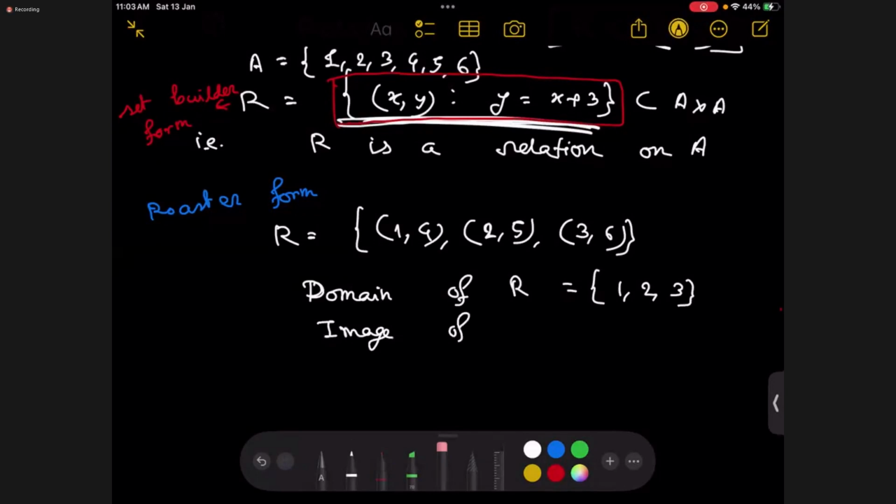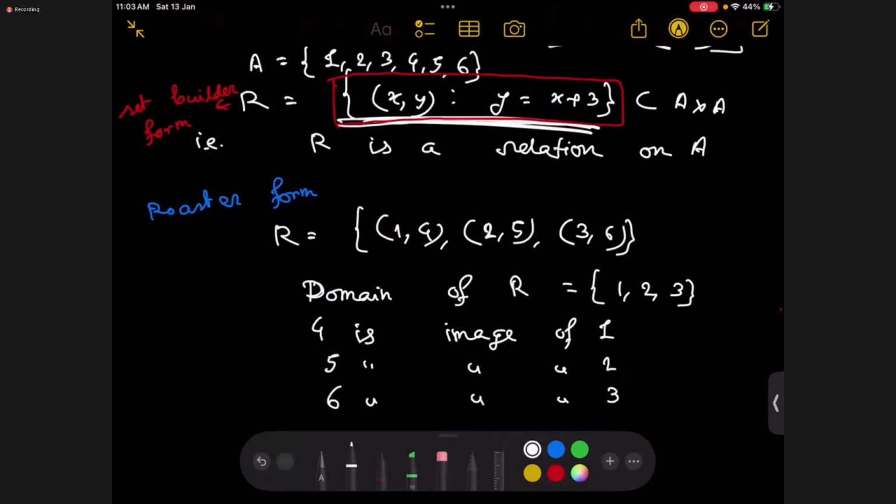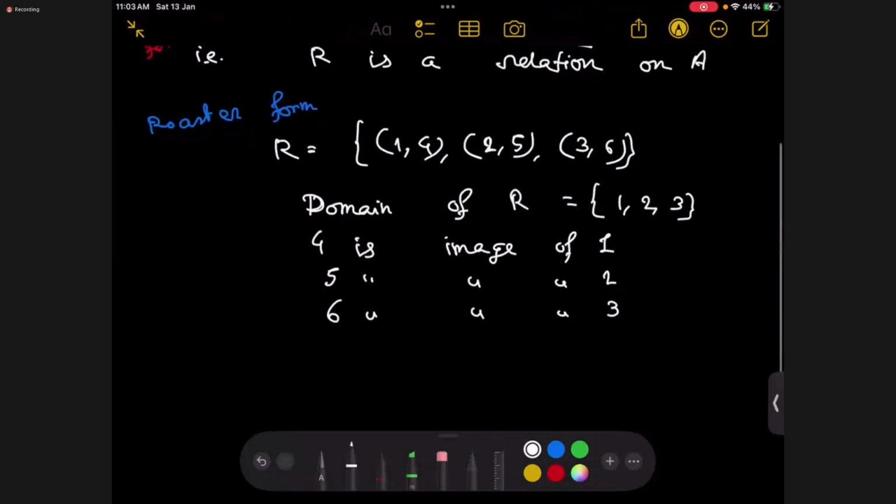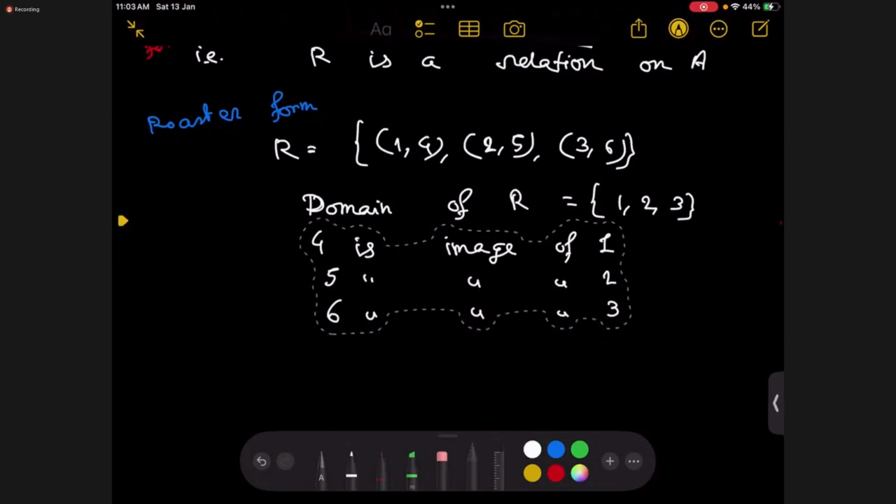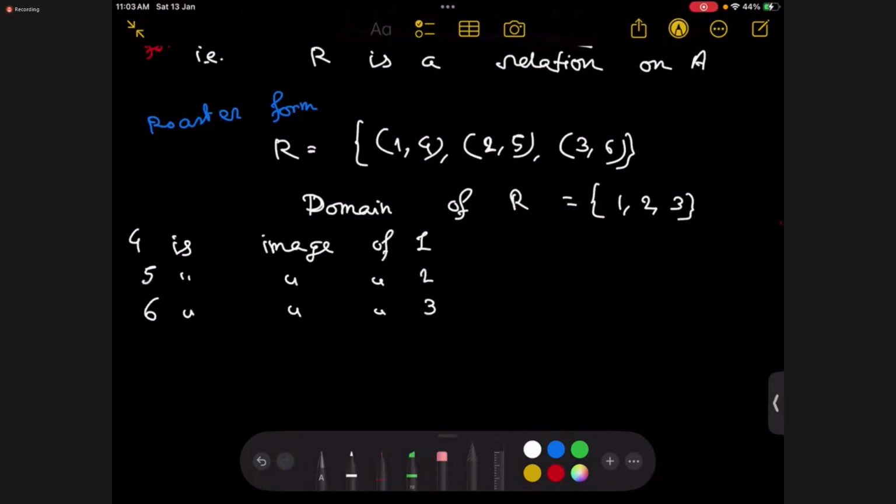It is not the image of R, that is called the range of R. Image is of an element: 4 is the image of 1, 5 is the image of 2, and 6 is the image of 3. We can put it in a separate line like this.